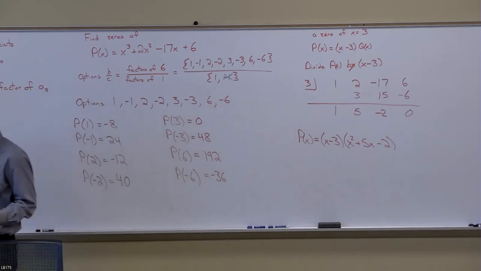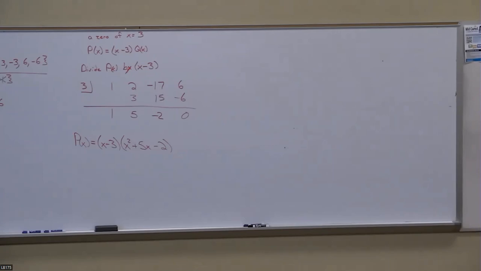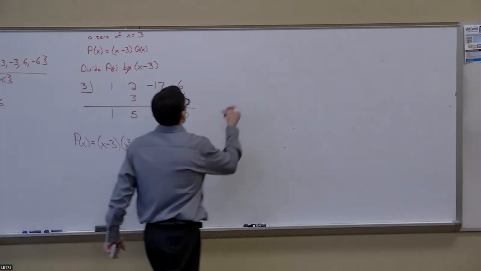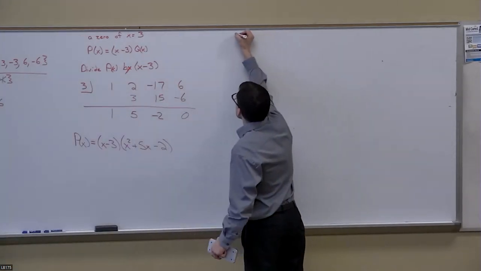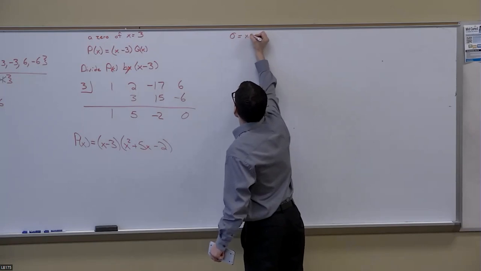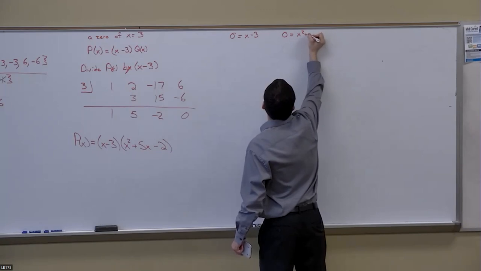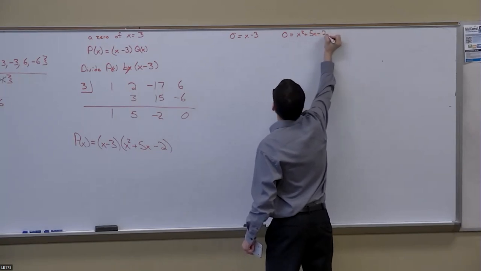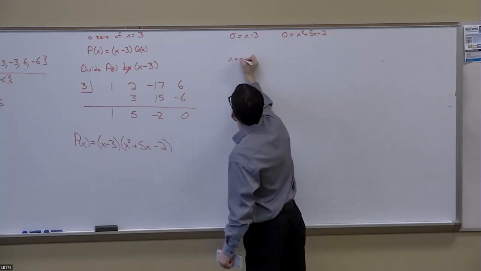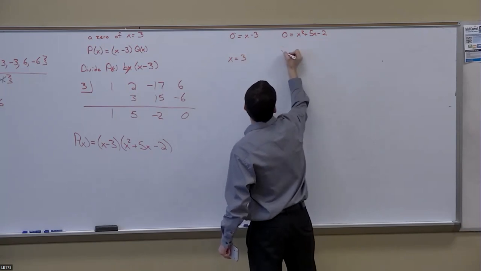So we get that polynomial. And we're going to solve 0 equals x minus 3 and 0 equals x squared plus 5x minus 2. That one is just x equals 3. We knew that was going to happen.